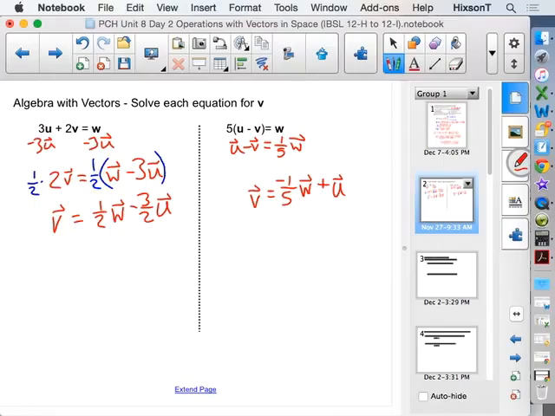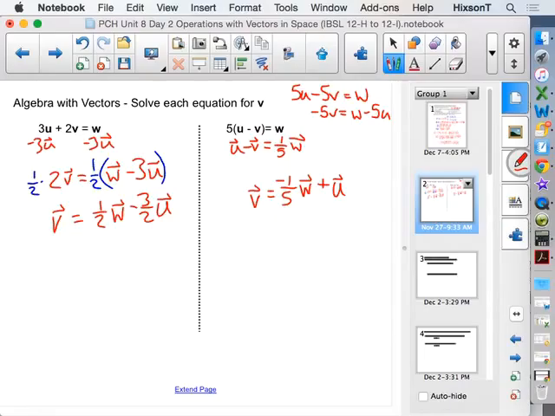Now, could you distribute the 5 first? Yeah, you can. 5U minus 5V equals W. And then you could subtract to get W minus 5U.